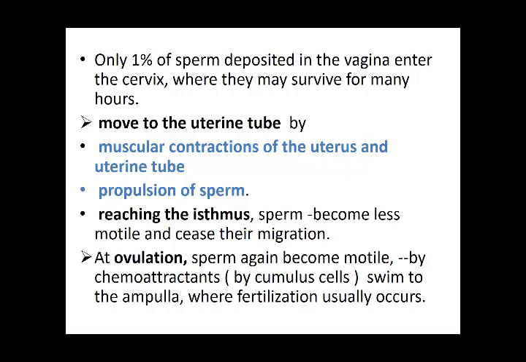The isthmus is the point of the fallopian tube just at the entry from the uterus. They stay there and the motility becomes less. Once ovulation occurs, the motility increases again, the sperm are capacitated, and they enter the cumulus cells. Fertilization starts in the ampulla.